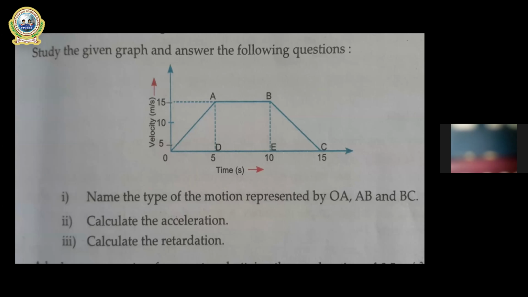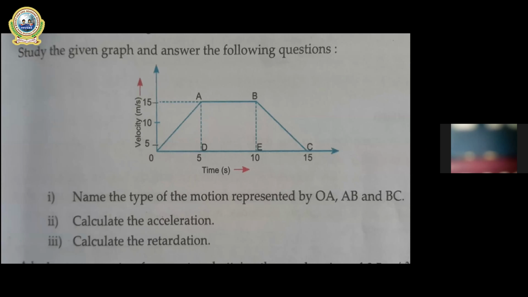That means when the body is moving from O to A, what type of acceleration does the body acquire? Let me show the slide where you can see the answer.